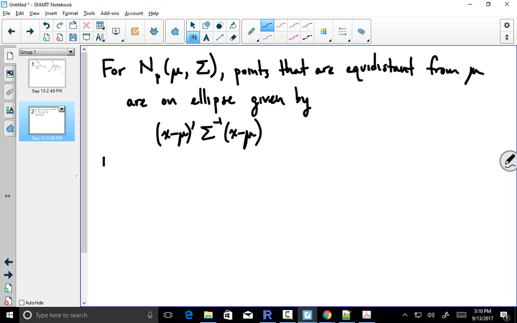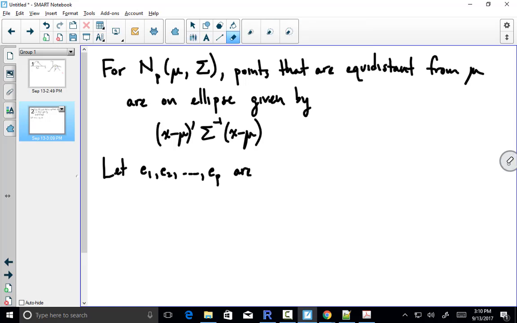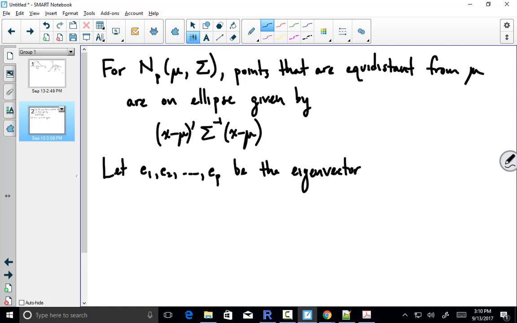So let's say that e1, e2, through ep be the eigenvectors of sigma inverse, our weighting matrix. And similarly, let lambda 1 through lambda p be the eigenvalues.